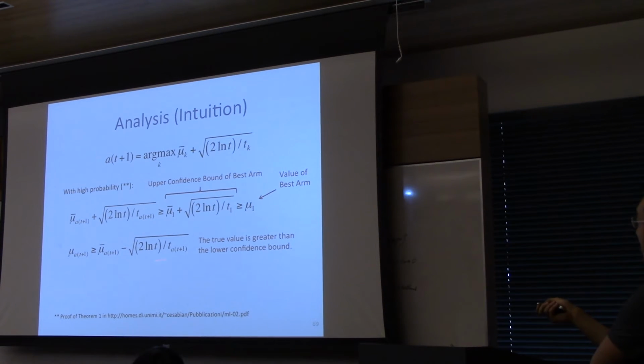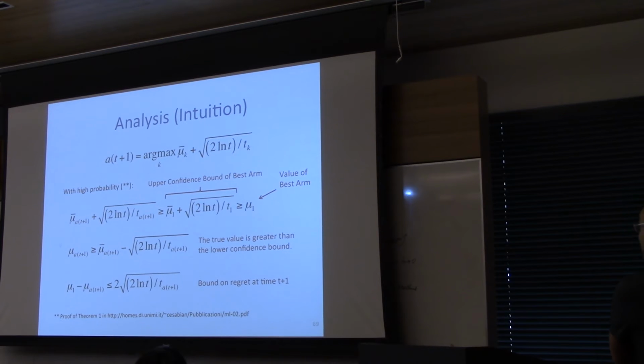We also know through manipulation of the confidence intervals that the empirical estimate of the utility of the arm we chose plus its upper confidence bound is guaranteed to be greater than the actual utility of the best arm. The actual utility of the arm we chose is guaranteed to be lower bounded by the empirical average minus the confidence bound.